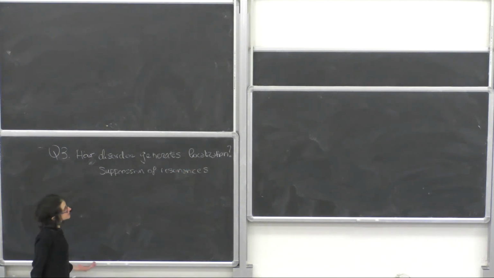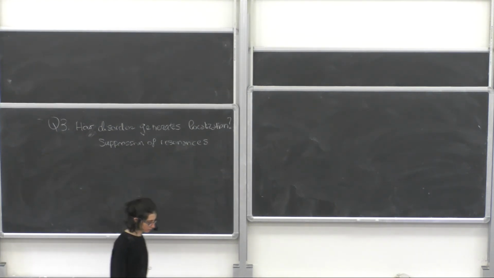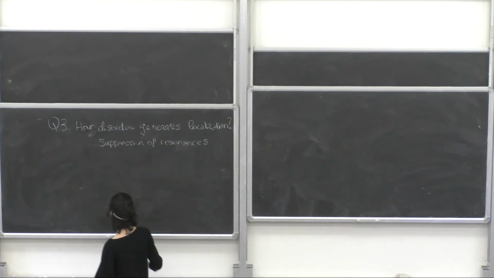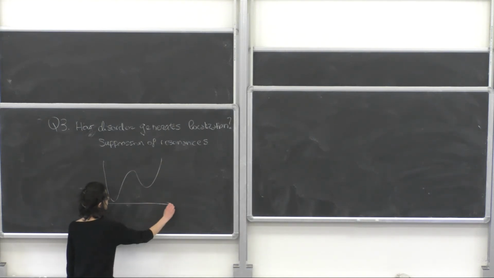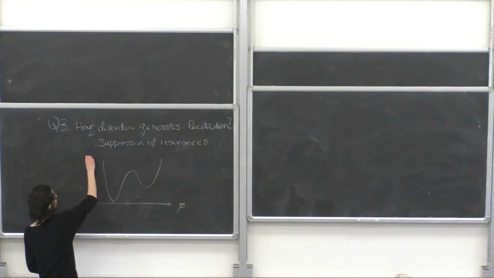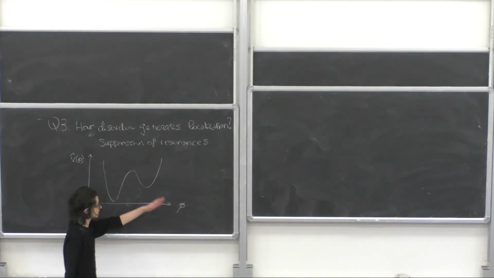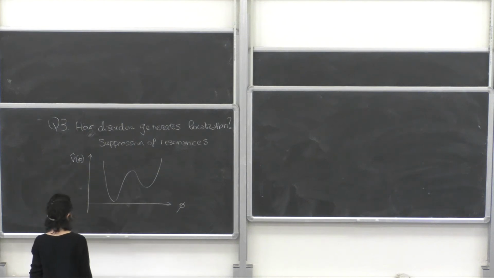And just to understand what I mean, let me start by drawing something that I think one would naturally draw when thinking about symmetry breaking, for example, or non-ergodicity in general. And this is something like this. So suppose that you have, well, you can think of this as being some effective potential in a field theory, but also you can think of this as being a single degree of freedom which evolves in such a potential.